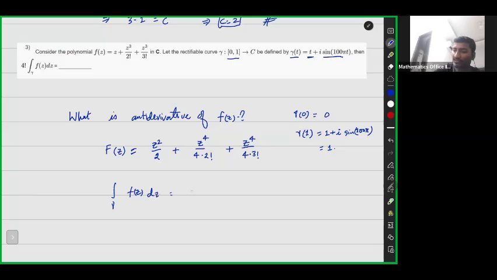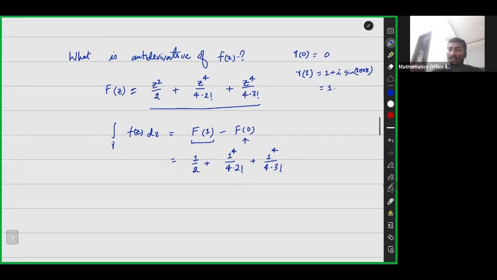This will become capital F of the terminal point, which is 1, minus the initial point, which is 0. Capital F of 0 will be 0, because there is no constant term in this polynomial. Now we only need to calculate this part: 1 by 2 plus 1 power 4 by 4 into 2 factorial plus 1 power 4 divided by 4 into 3 factorial.